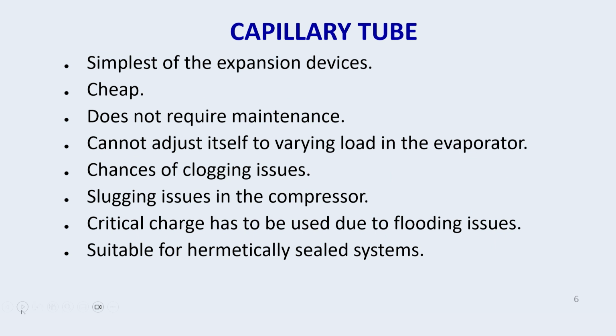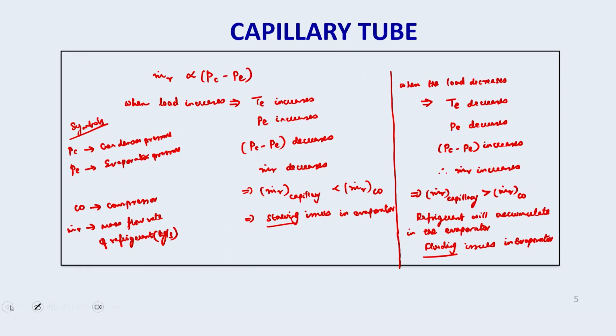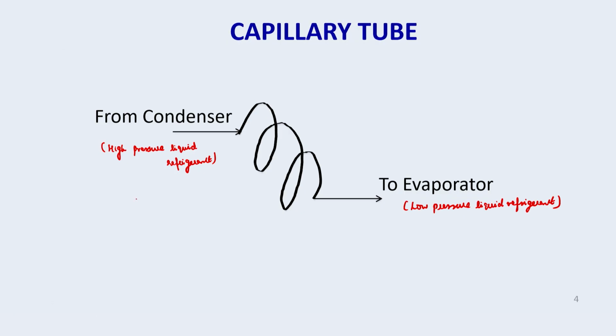It is the simplest of the expansion devices among all the expansion devices. It is very cheap. Normally, it is a long tube with narrow diameter. Normally, the diameter is in the range from less than 1 millimeter up to 3 or 3.5 millimeter, and the length could vary from 1 to 5 meter.